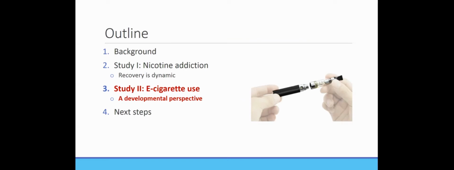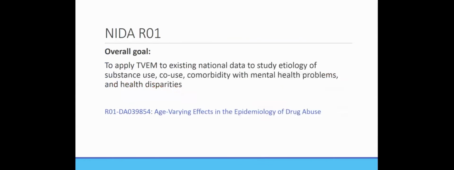And I say that with a smile on my face because we're going to be using cross-sectional data. But it's very much a developmental process that's under study here. So this work was funded by an R01 awarded by NIDA to analyze existing national data to advance our knowledge of substance use and its correlates from, again, the etiology or a developmental perspective.